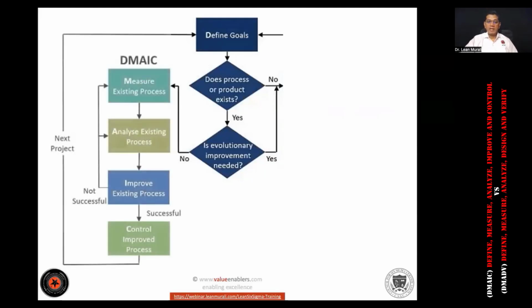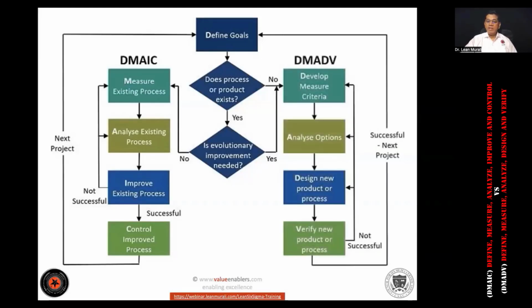If no, we'll take another route. So DMAIC is for normal small improvements, whereas DMADV is for new products and revolutionary improvement or breakthrough improvement. If this route is clear, type yes, super clear in the chat box.